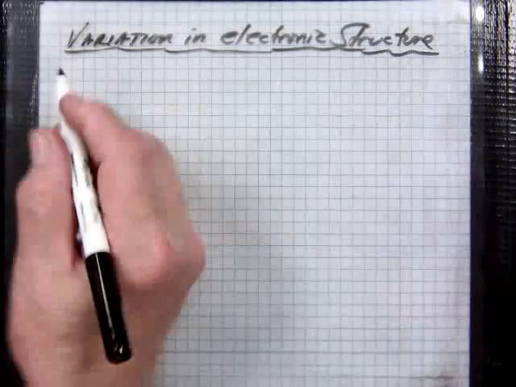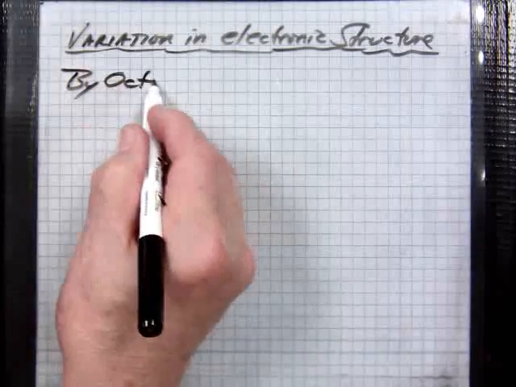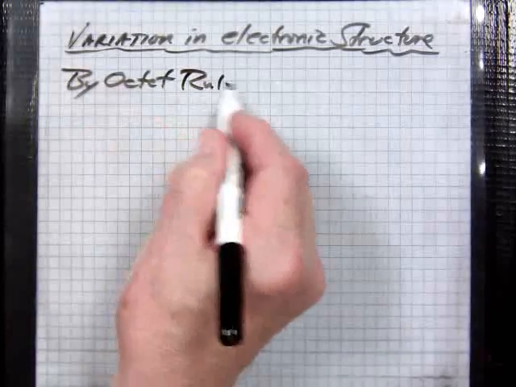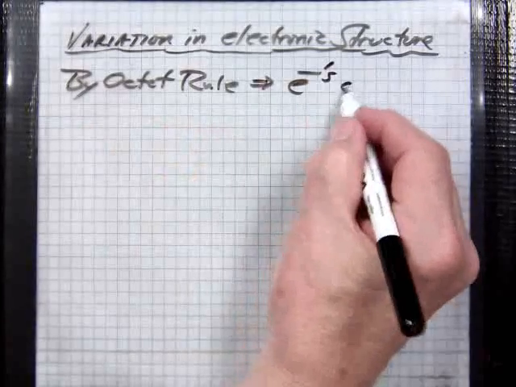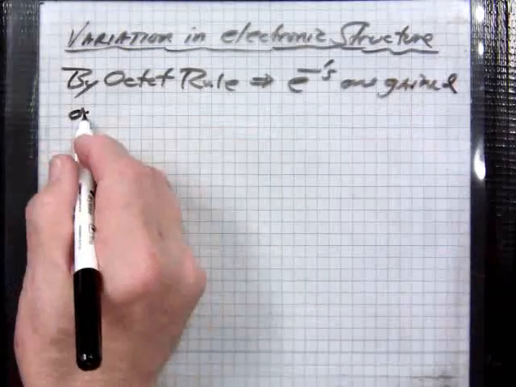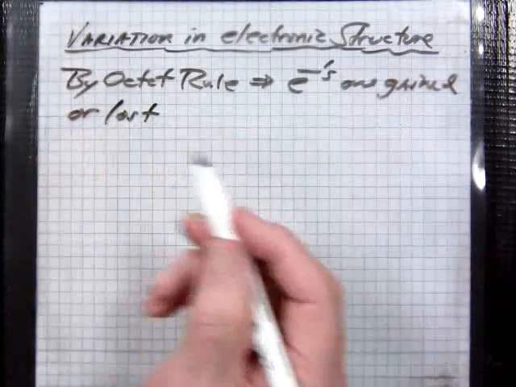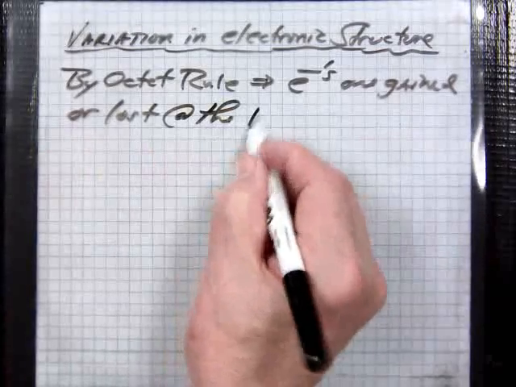Now, by the octet rule, electrons are gained or lost, depending on the element, at the valence level.